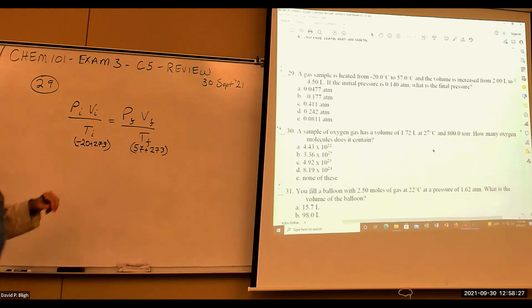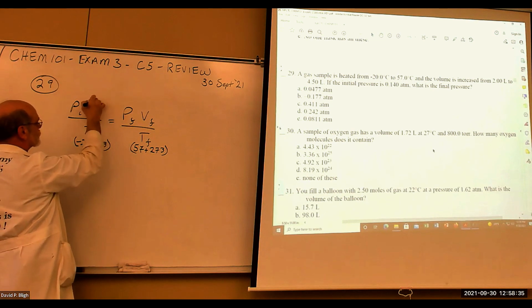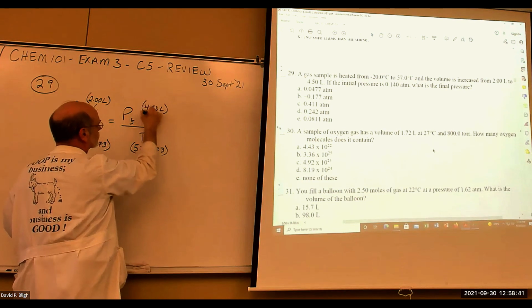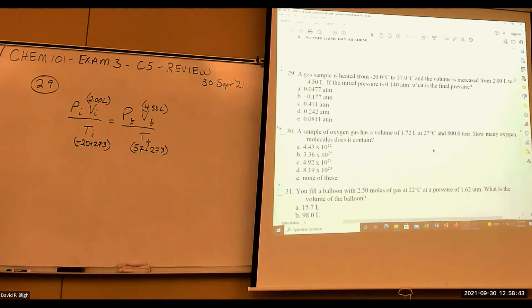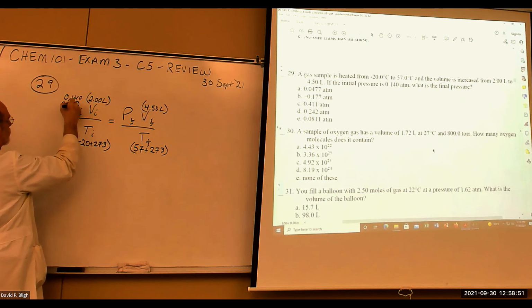Okay, we got those done. And the volume is increased from 2 liters to 4.5 liters. So the volume initial is 2 liters, and the final is 4.5 liters. The initial pressure is 0.140 atmospheres.